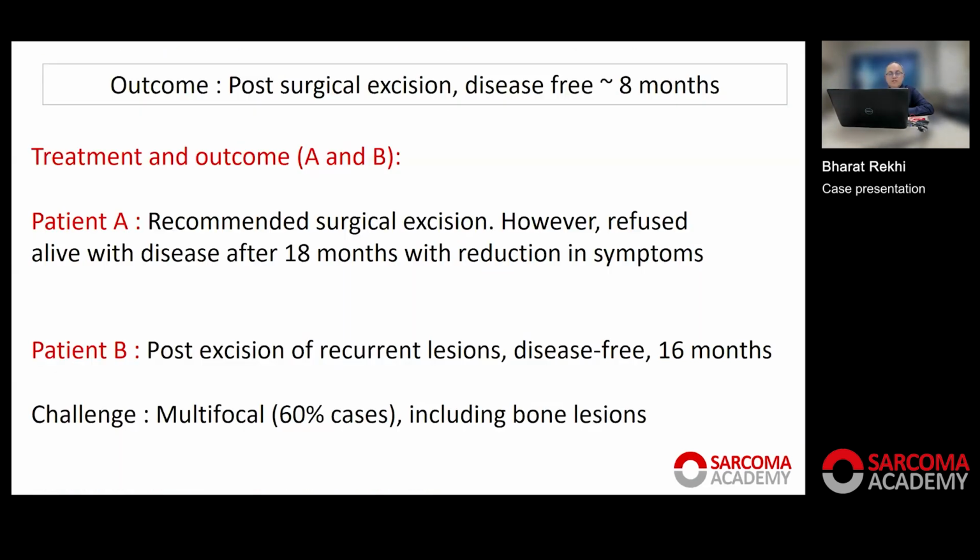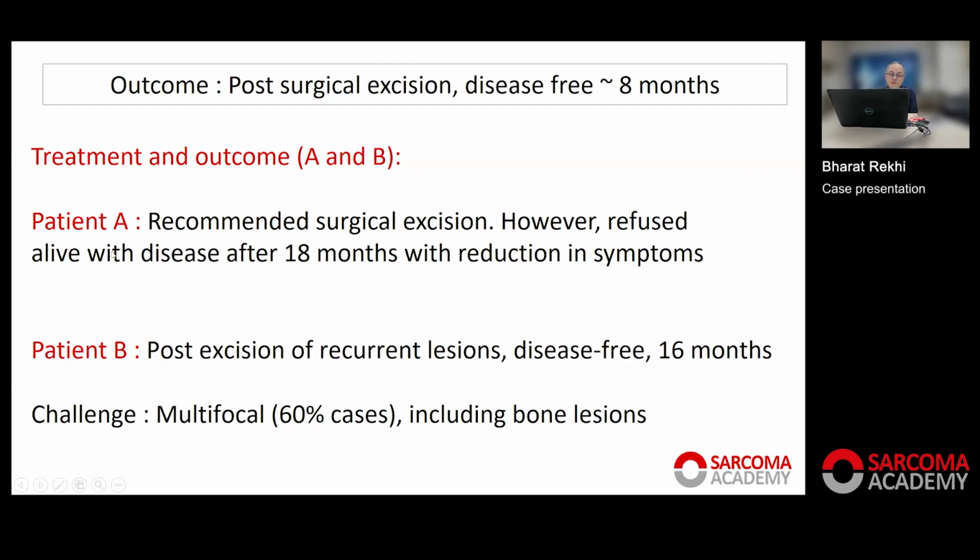How do these tumors behave? Mostly they are dealt with by surgical resection, including the cases that I shared with you. This particular case in the head and neck location was disease-free post wide excision. That is the preferred treatment, with an 8-month disease-free interval. For the cases that I began with, 1 and 2, the first patient was recommended surgical excision.